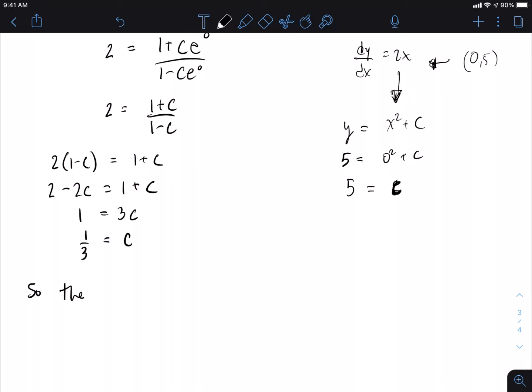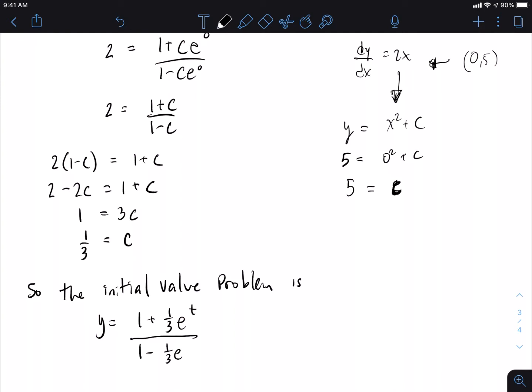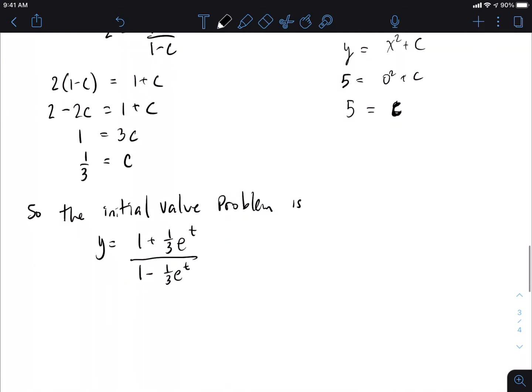So the initial value problem is y is equal to 1 plus 1/3 e to the t over 1 minus 1/3 e to the t, which could actually be cleaned up to be 3 plus e to the t over 3 minus e to the t.